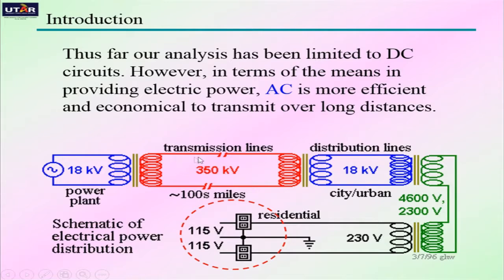After going through the transmission lines, it will reach another transformer, and this transformer will step down the voltage to 18 kilowatt, and it will be distributed through some transmission wires. And before reaching our residential areas, it will go through another transformer, which would step down the voltage further to 230 watts.